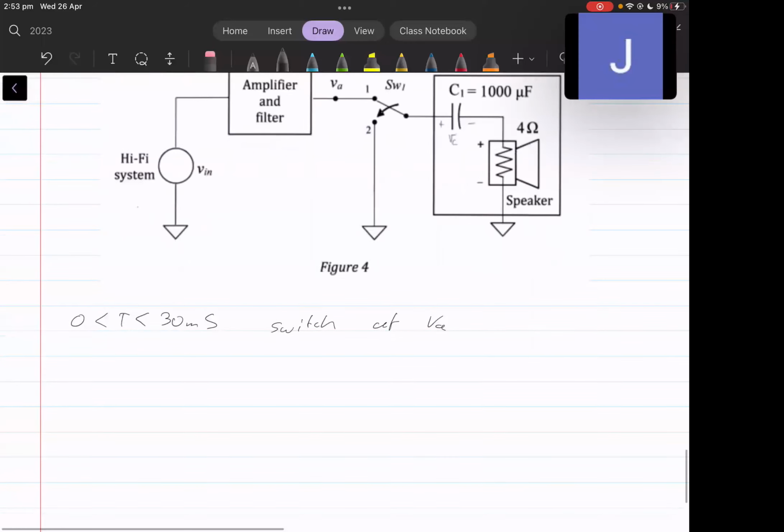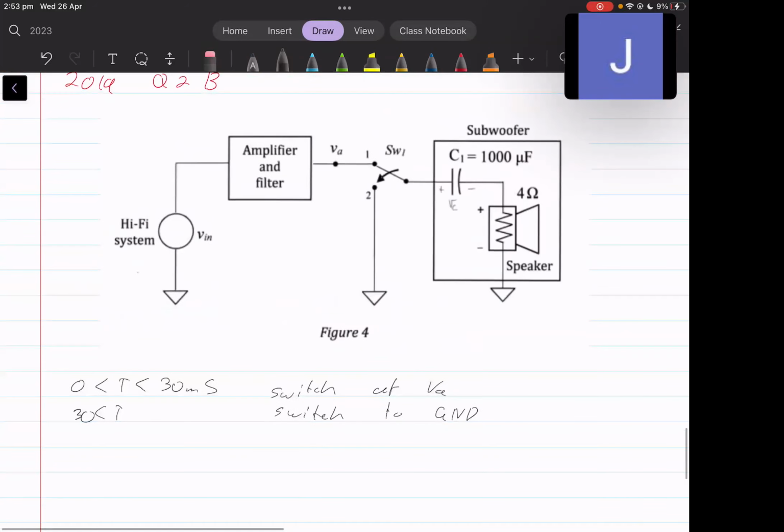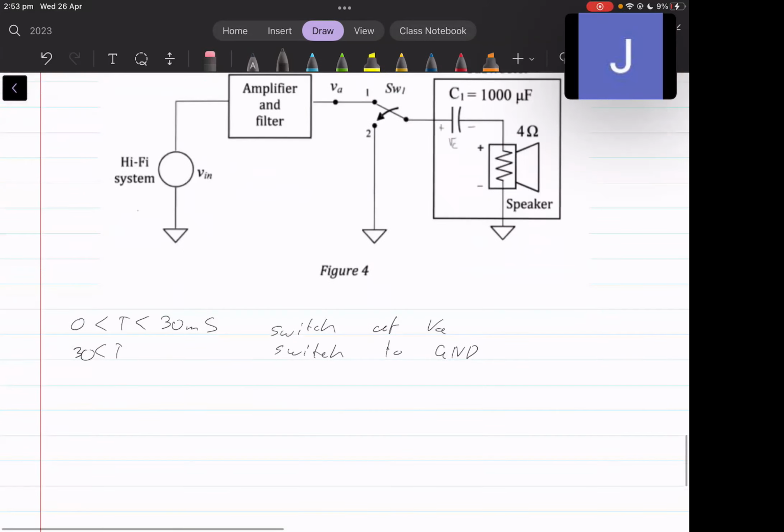And then after that, the switch is to ground. So the question just wants us to describe for the first 60 milliseconds, find the equations that will tell us the voltage.